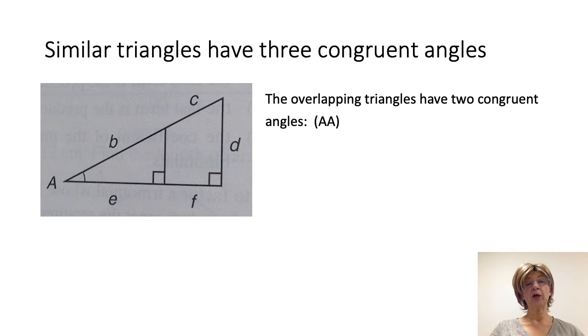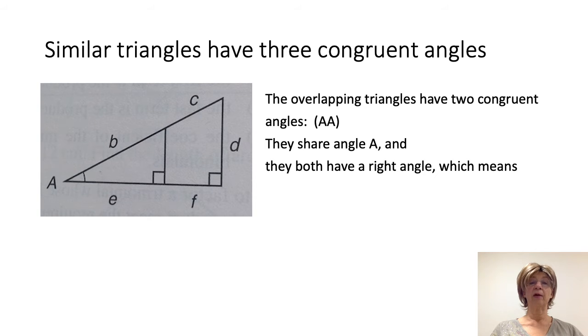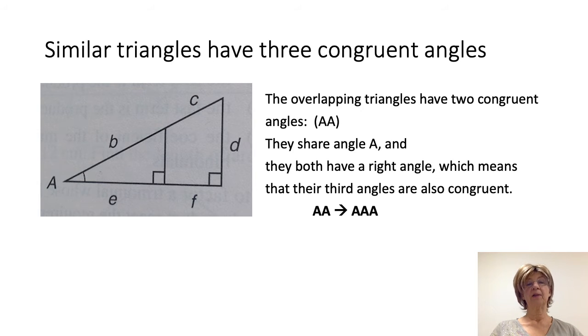The overlapping triangles have two congruent angles, which we designate as capital A. They share angle A, and they both have a right angle, which means that their third angles are also congruent. We know that AA goes to AAA. They are similar triangles.